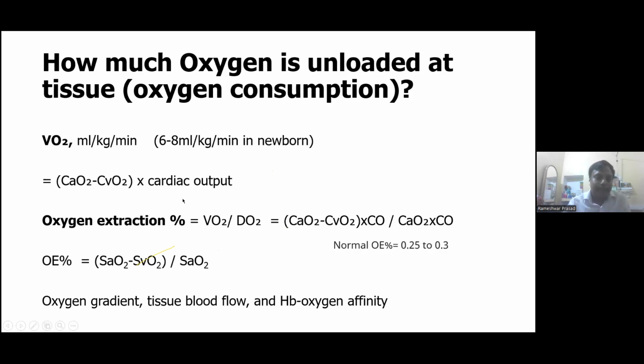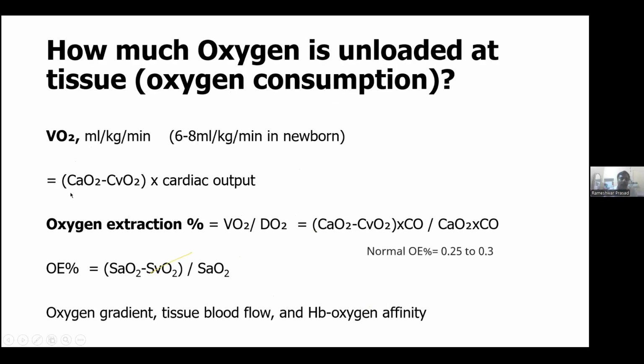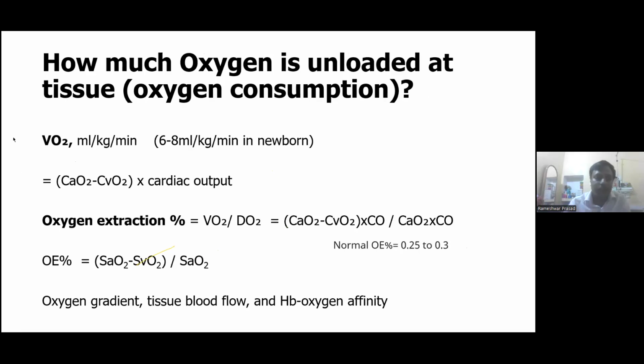Now, you will increase the oxygen content of the plasma by increasing FiO2 or putting the baby on a ventilator, which will increase the oxygen content of the plasma, or you will increase cardiac output so that more blood will go to the tissues.